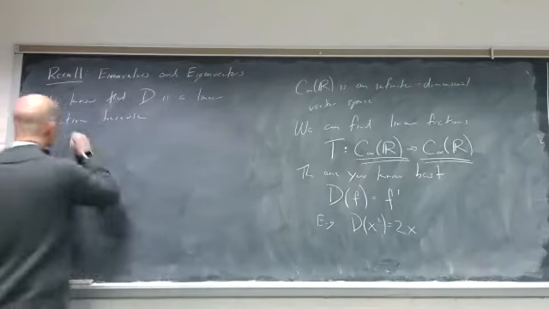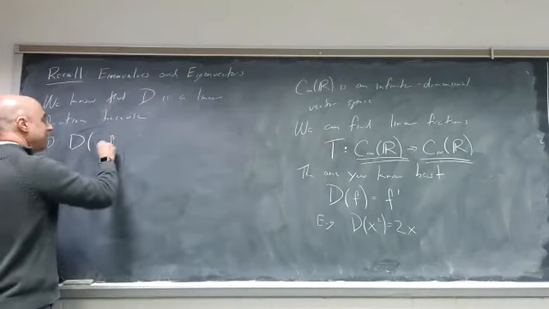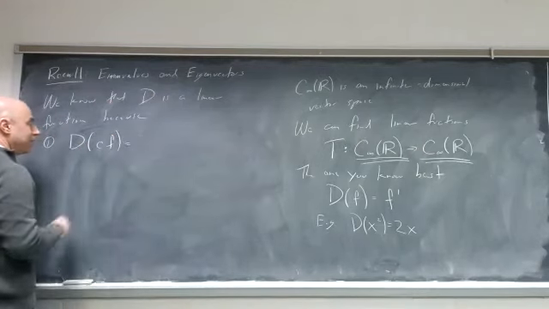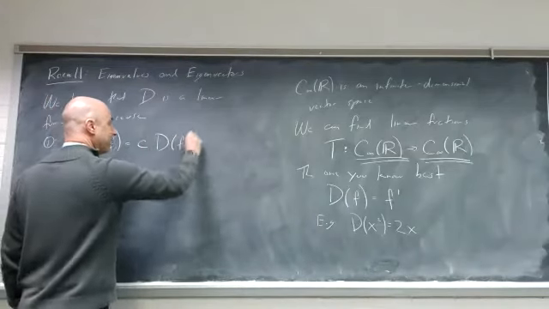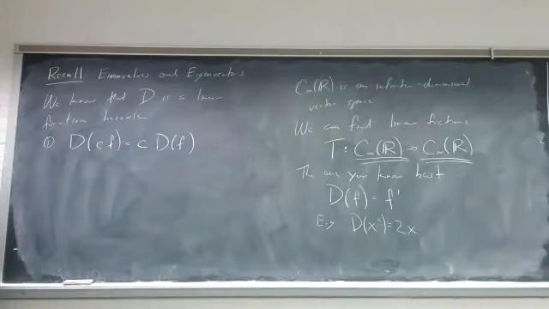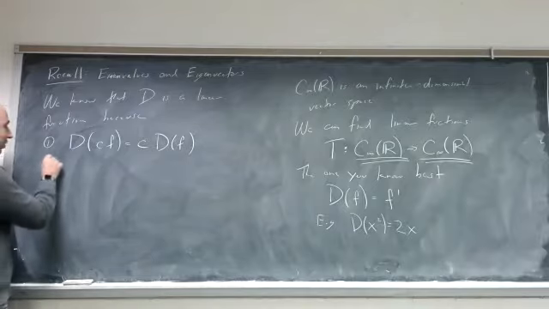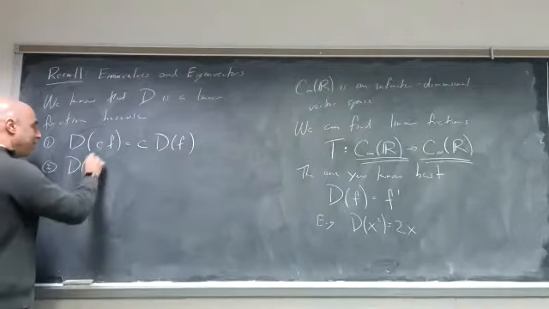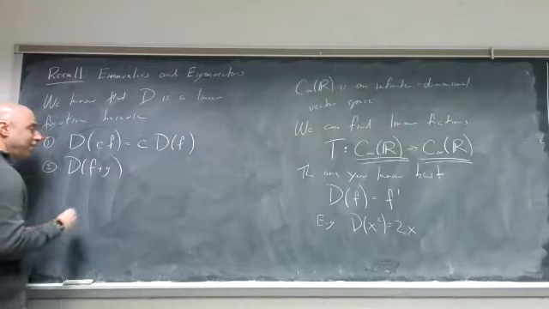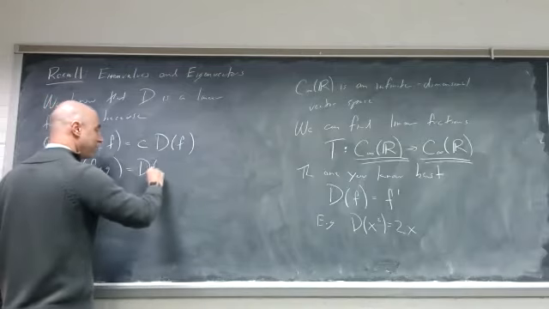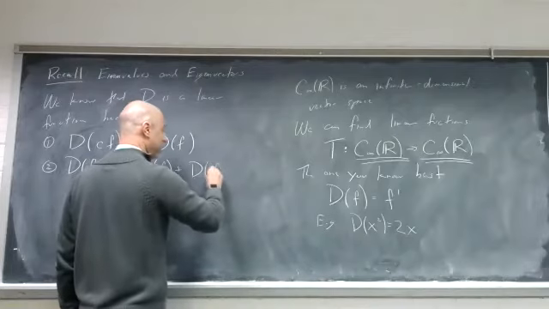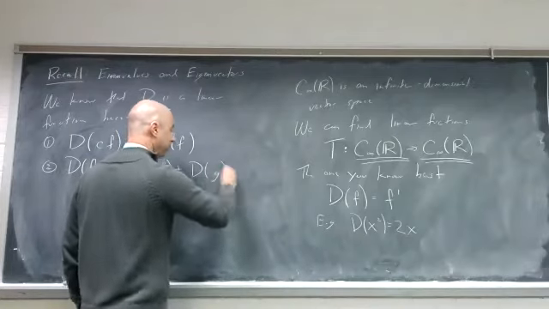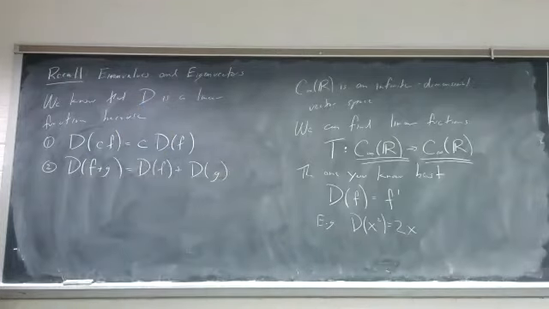The derivative of a constant times f is just the constant times the derivative of f. That's the first rule. And the second rule, the derivative of the sum of two functions is just the derivative of the first one plus the derivative of the second one. It's more complicated for products, but for sums, it's easy.